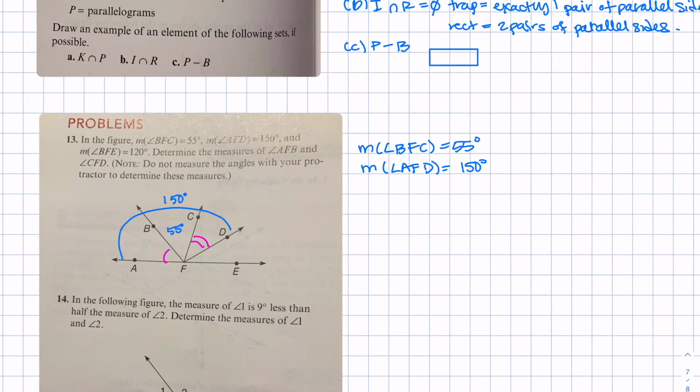And the last thing we know is that the measure of angle BFE is equal to 120 degrees. So this angle is 120.